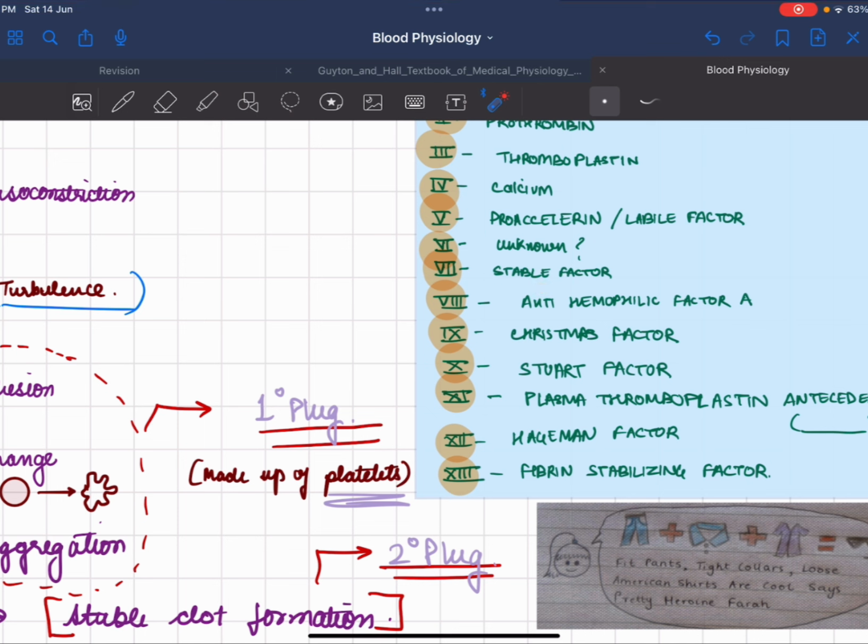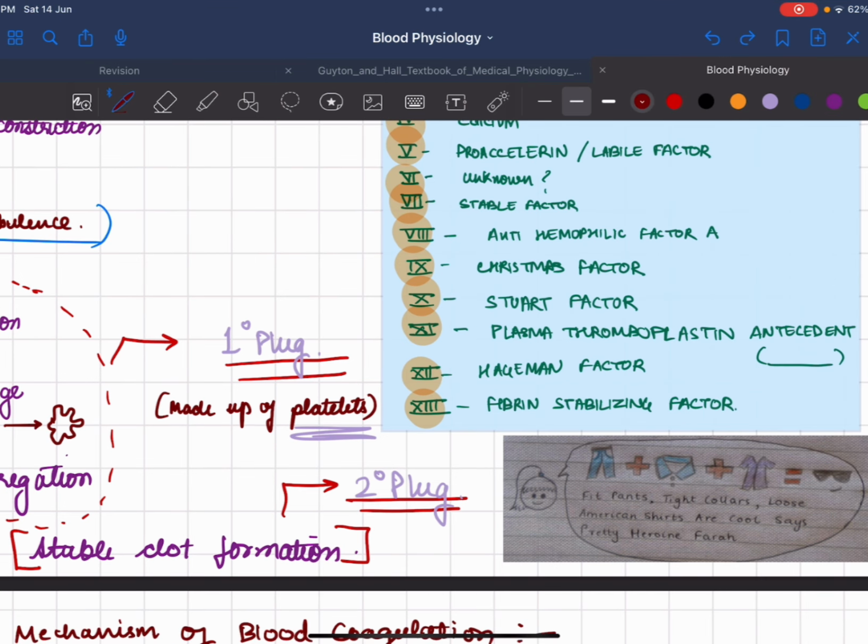Eighth is the anti-hemophilic factor A. Ninth is the Christmas factor. 10th is the Stewart factor. 11th one is plasma thromboplastin antecedent, also known as PTA. Then the 12th one is Hageman factor, and the 13th one is fibrin stabilizing factor.